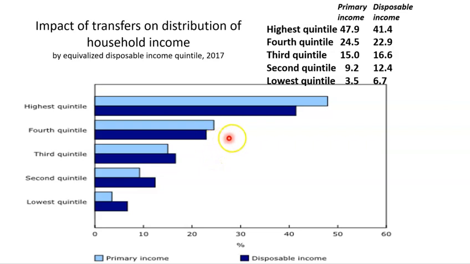The top 40% of the population now have smaller shares of total income than they did before. Well, let's see exactly how that's brought about. In the next set of slides, I'll have a look at the specific taxes and transfers that bring this about.